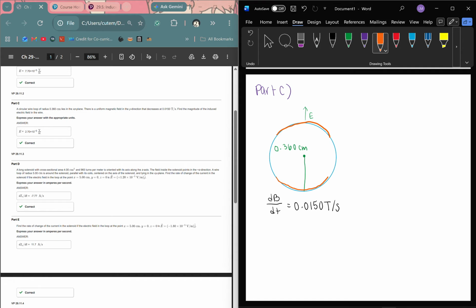Now the magnetic field inside the solenoid is basically increasing with time. I think it's actually decreasing.